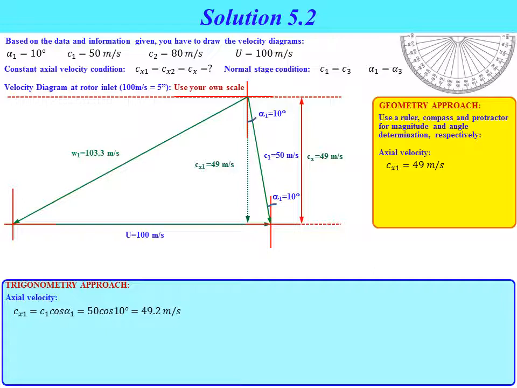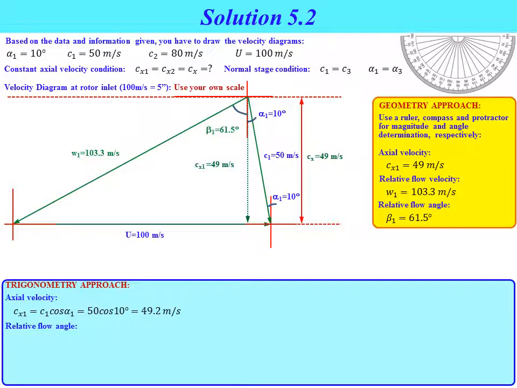We get w1 equal to 103.3 meters per second. This is the relative flow velocity. Using the protractor, we can measure the relative flow angle beta 1, which is equal to 61.5 degrees.